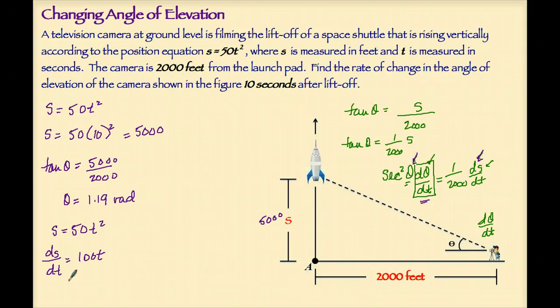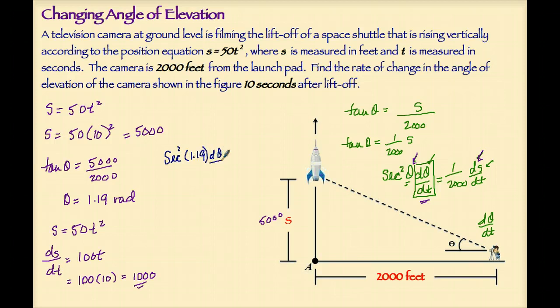At 10 seconds, ds dt will be 100 times 10, or 1,000 feet per second. So if that's ds dt and I have theta as well, I'll be able to use this information to finish solving the problem. Using the derivative equation that I developed, we'll have secant squared theta, which is 1.19 radians.